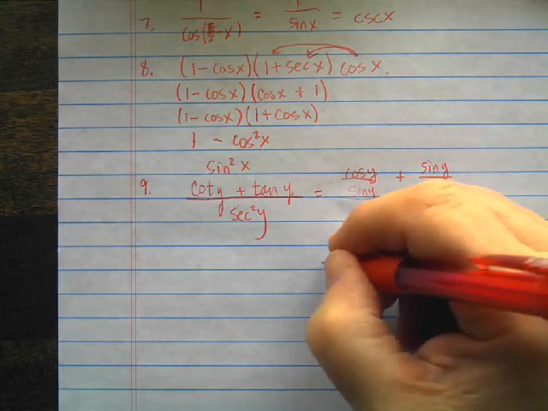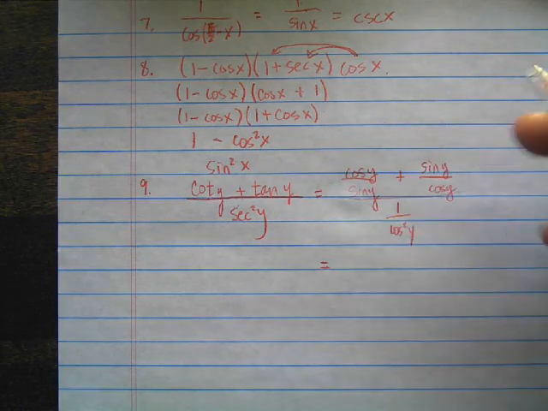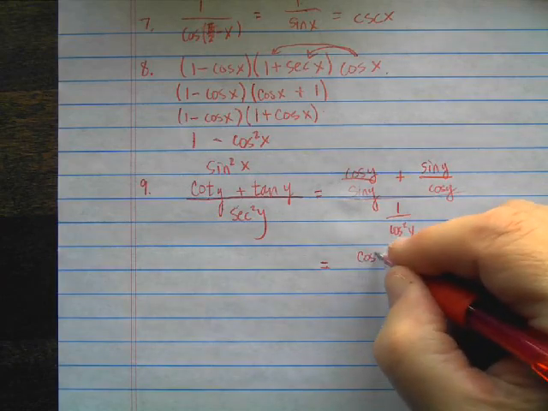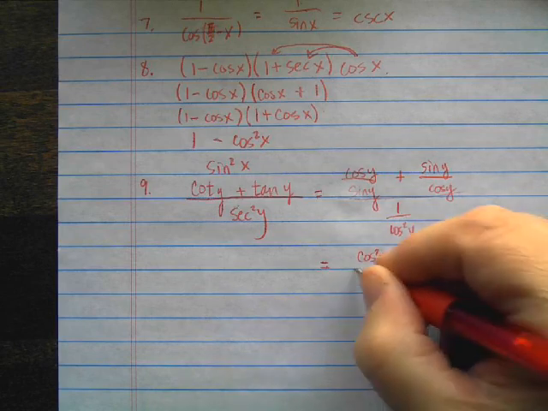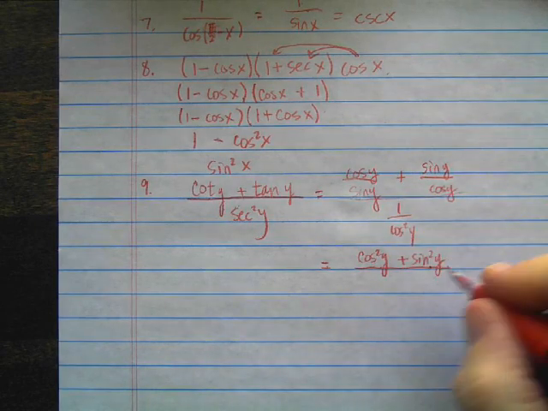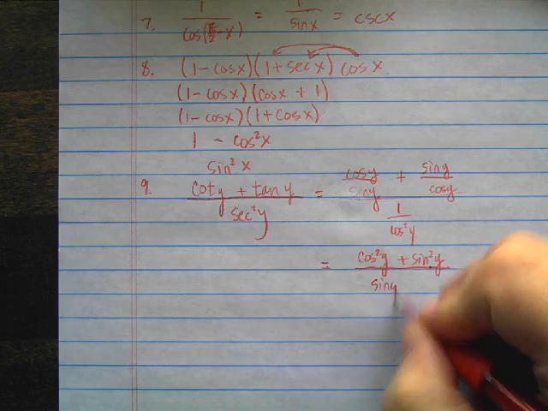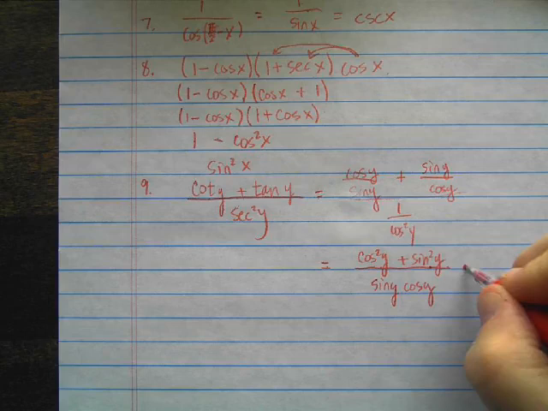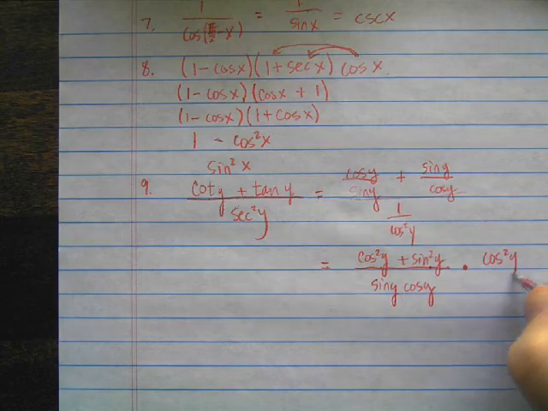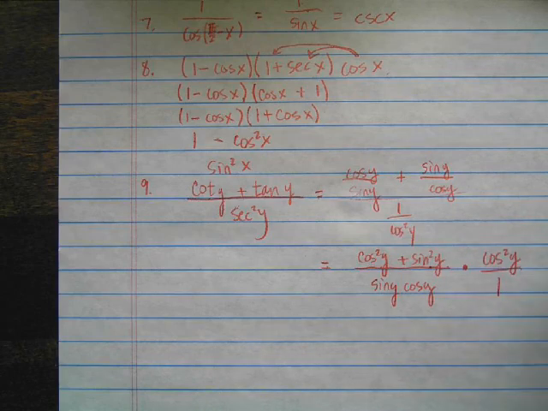And so we do a common denominator up top. We get cosine squared y plus sine squared y over sine y cosine y times cosine squared y over 1 when I multiply by that fraction.